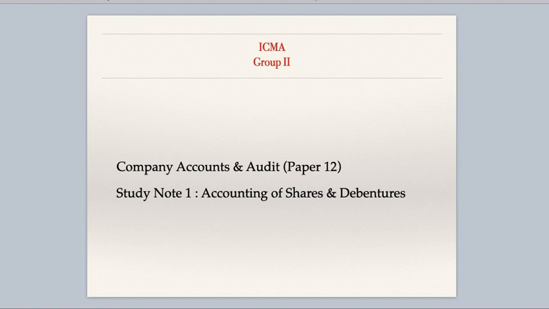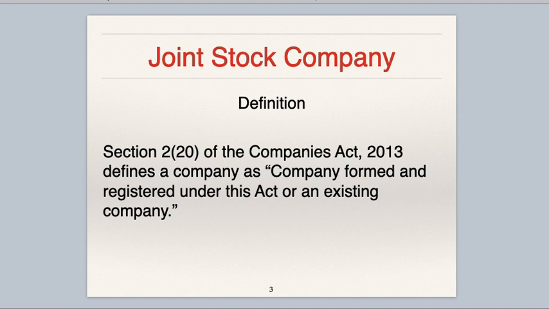Please go to study note number 1, accounting of shares and debentures. Let us see the definition as given in Companies Act. Section 2 subsection 20 of Companies Act 2013 defines a company as a company formed and registered under this act or an existing company.